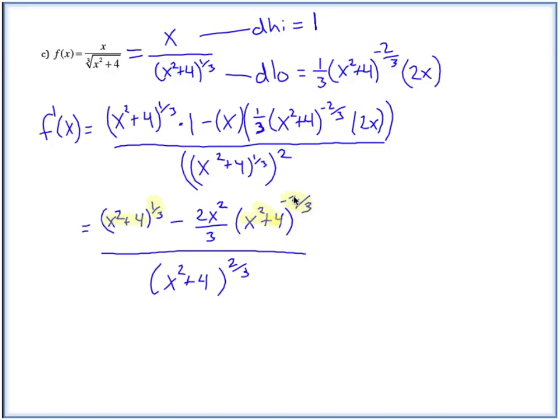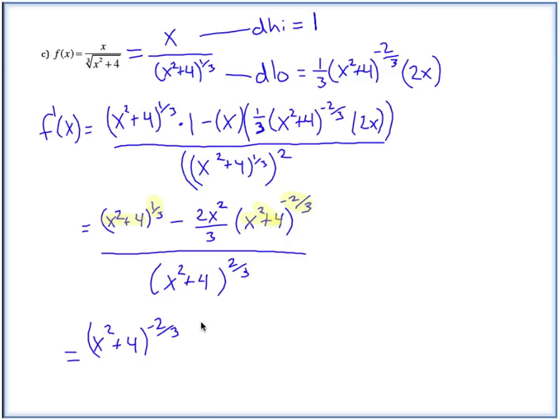And what we usually would like to do is get rid of that negative fractional exponent. So we are going to try to factor this out here. And so we're going to take out an (x squared plus 4) to the negative 2/3. Okay, so we factored it right out of there, and we took that exact thing out.